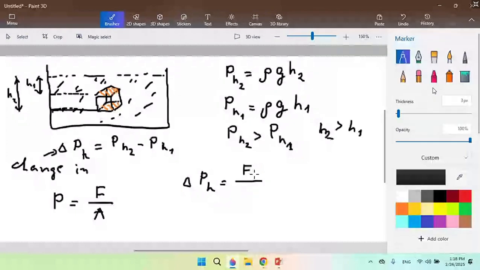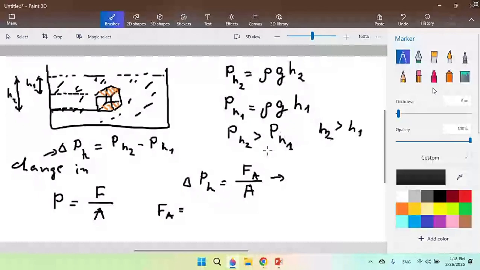Let us term it Archimedes force or buoyant force per area. What is this area? Cube side area. So from here, we can express F over A being delta p, but it is pH2 minus pH1.